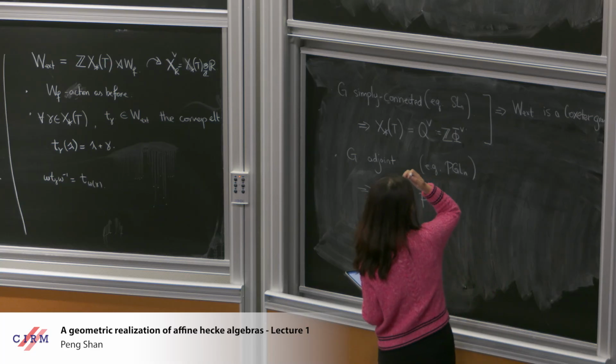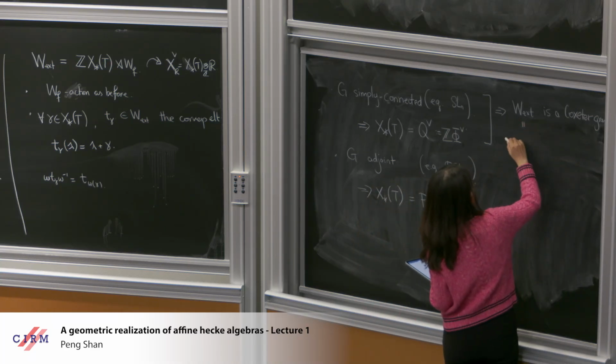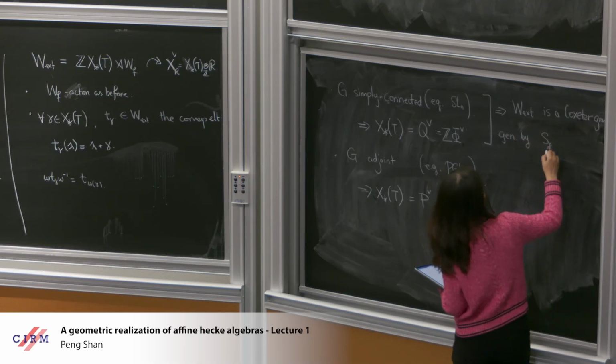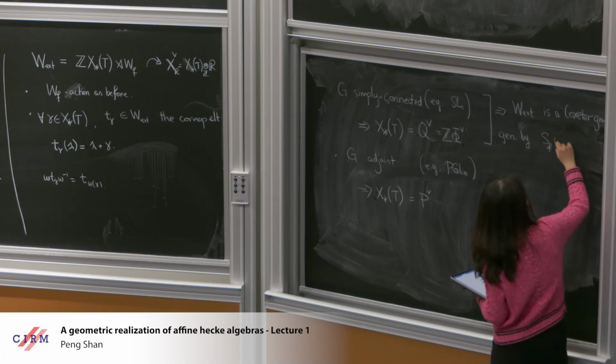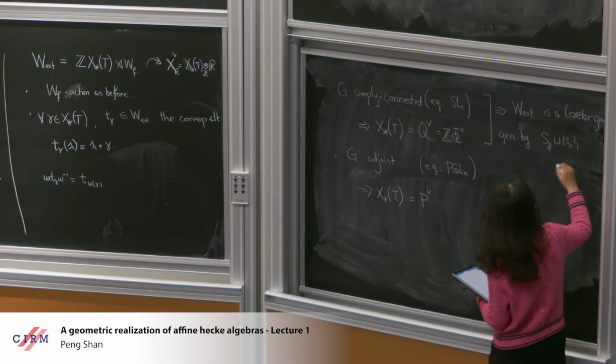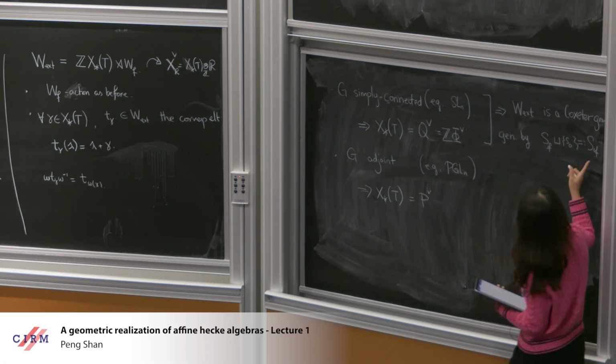It is generated by the simple reflections from before plus another affine reflection, usually denoted by s_0. This set I will denote by S affine.